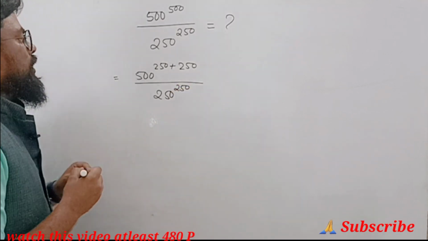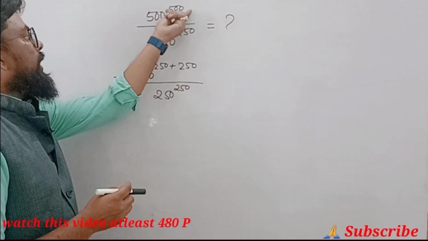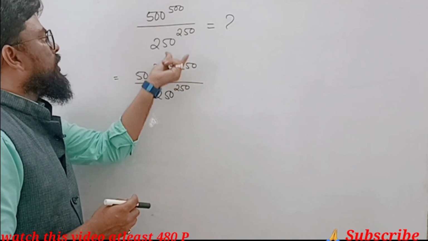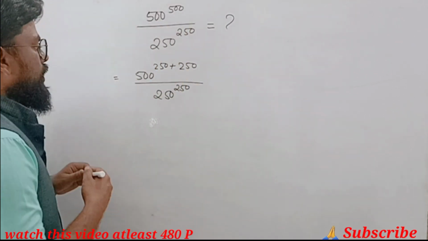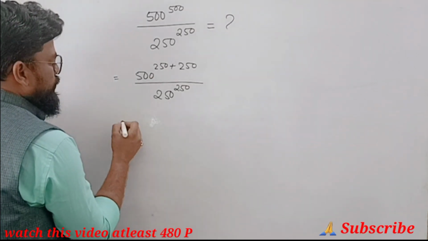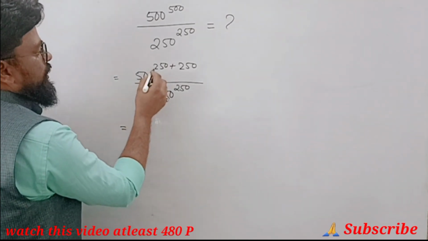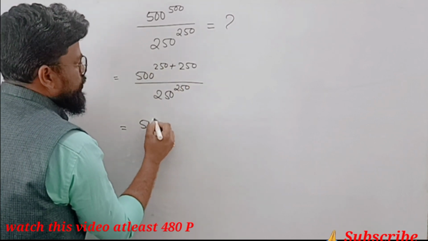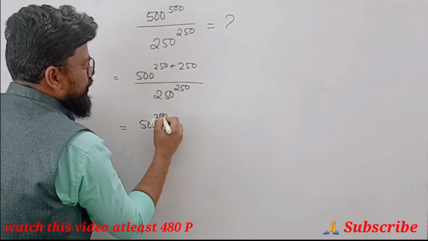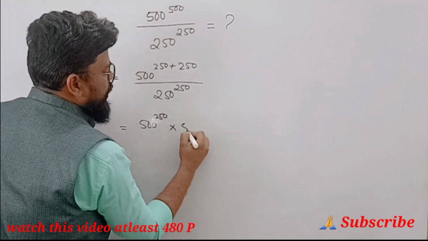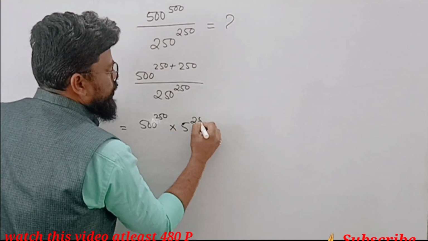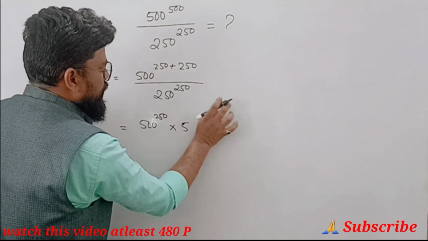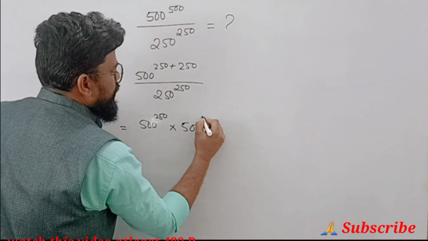Now this we can write, since 250 plus 250 becomes 500, as 500 to the power 250 multiplied with 500 to the power 250. It is 500, not 5 only, 500 to the power 250.